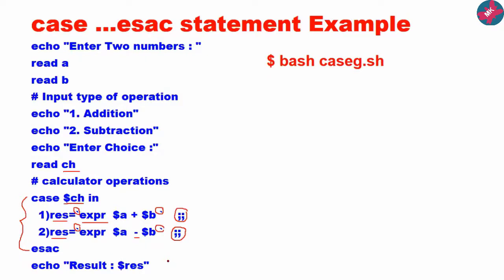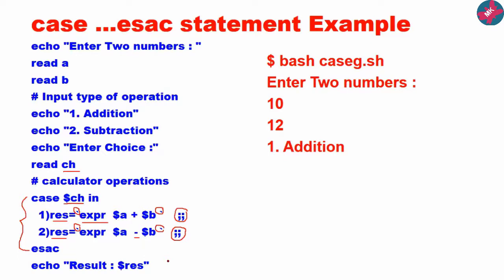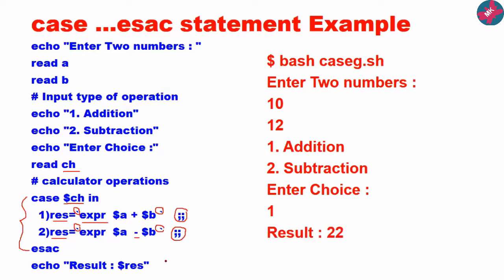Suppose I run this script file and the user has entered 10 and 12. Here he will be given the options addition, subtraction, and then again I will ask his choice, and if his choice is addition, then finally this result 22 will be shown on the display.